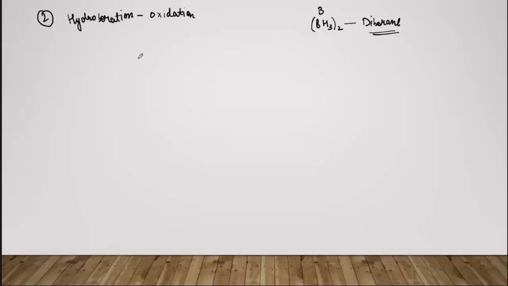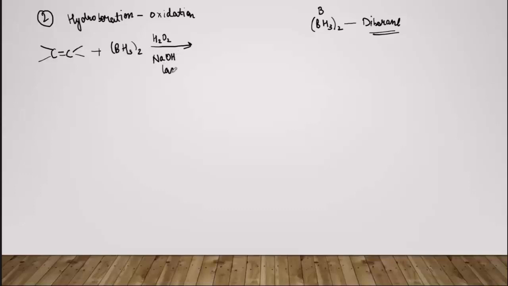So first I'll write down the overall reaction for the general alkene. So this is the general alkene, plus we are reacting it with diborane, and in this we also need to use 2 other reagents, whose use I will tell you later, when I do the mechanism with you all.